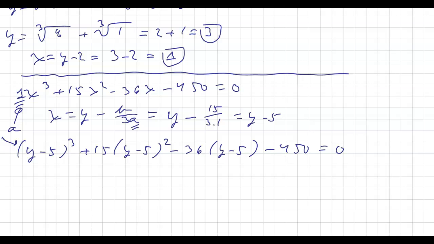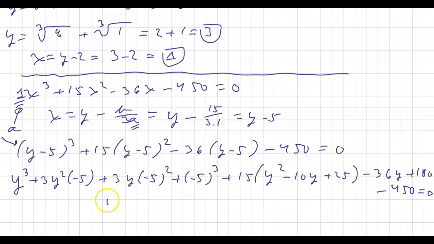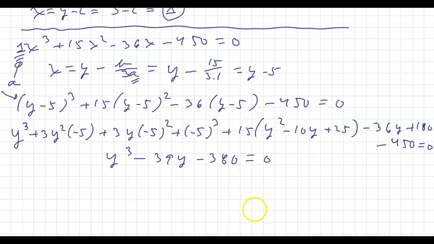But if you do this carefully enough, you will eventually get y cubed minus 39y minus 380 equals 0, which is a depressed cubic, which means you can move 39y plus 380 here.